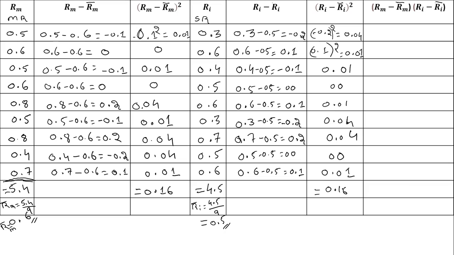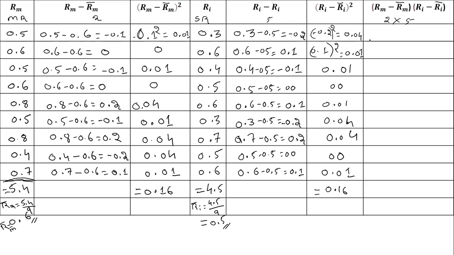Now we will move to the last column, that is Rm minus R bar M into Ri minus R bar M. So here we are multiplying column number 2 to column number 5. So this is 1, 2, 3, 4, 5. So we'll multiply column number 2 into column number 5.